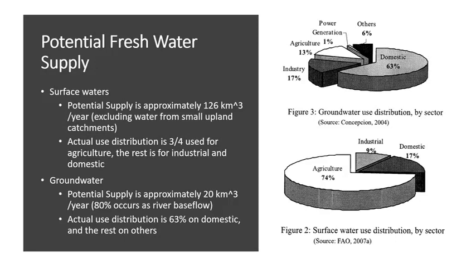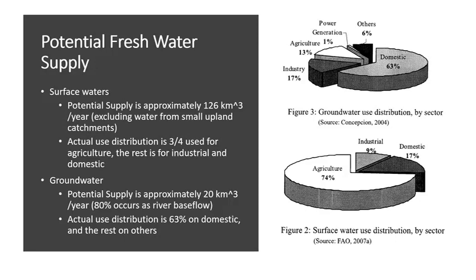Three-fourths is used in agriculture, as you can see in Figure 2 in the bottom part of the slide. So 74% is used on agriculture. Although note that agriculture contributes just approximately one third of the Philippine economy.